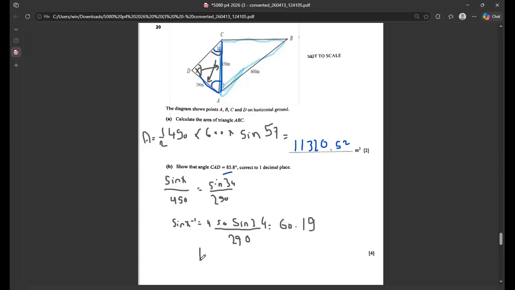Okay, then we get the value of this angle, the one he needed, CAD.